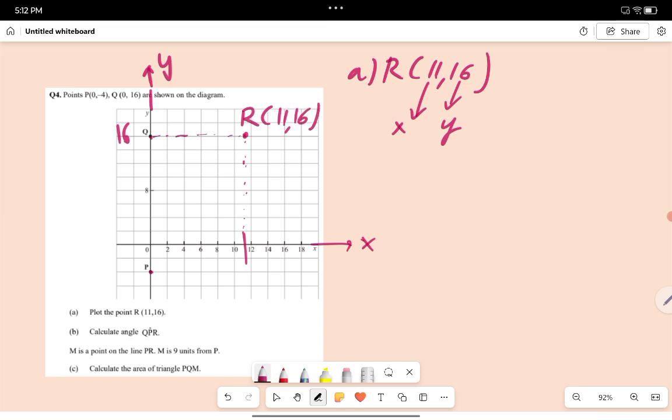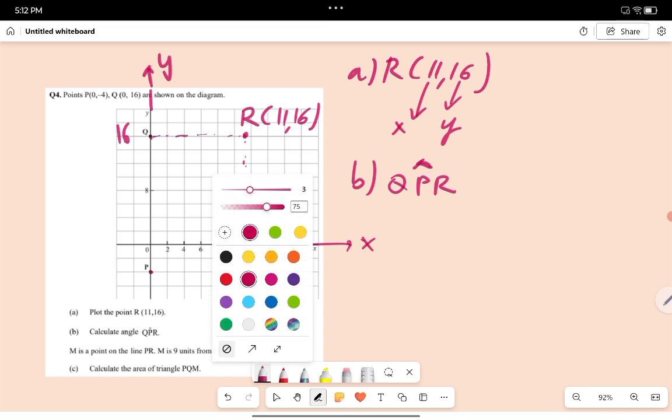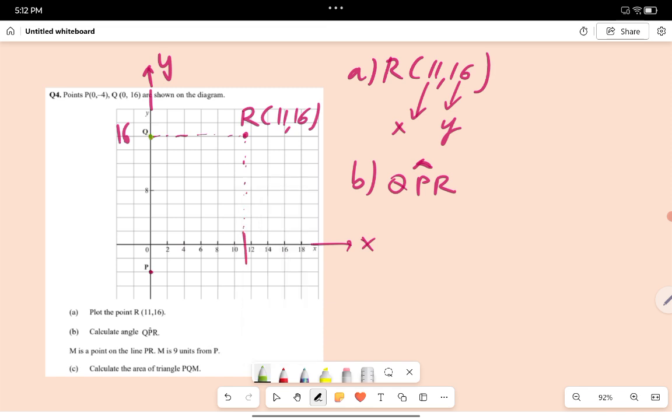Okay, great. And then calculate angle QPR. Okay, so let's have a look at this triangle that is formed. So we've got Q, P, and R. So we've got up here, we go like this, and we go like this.